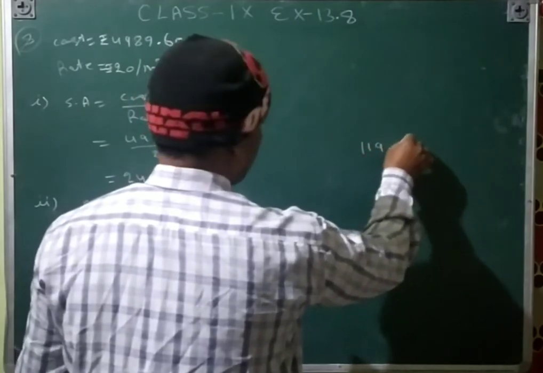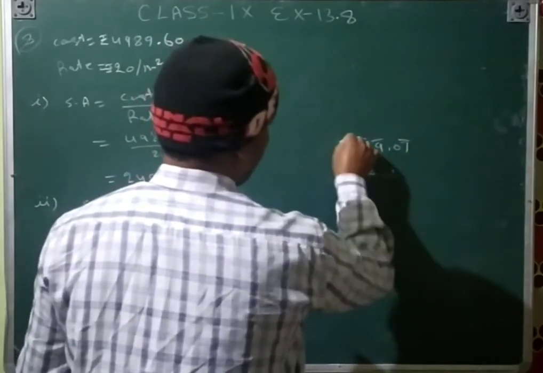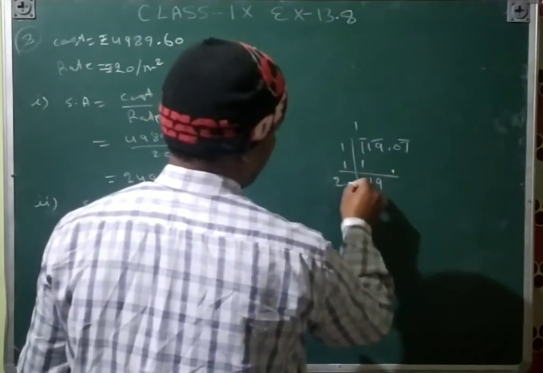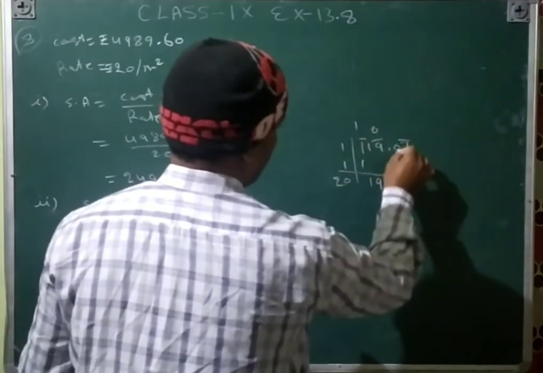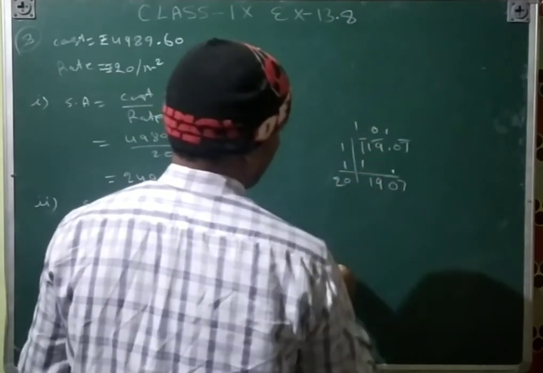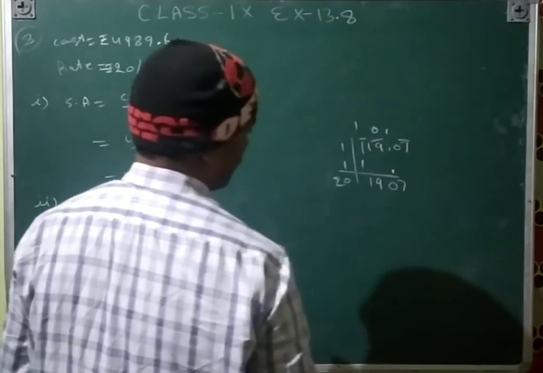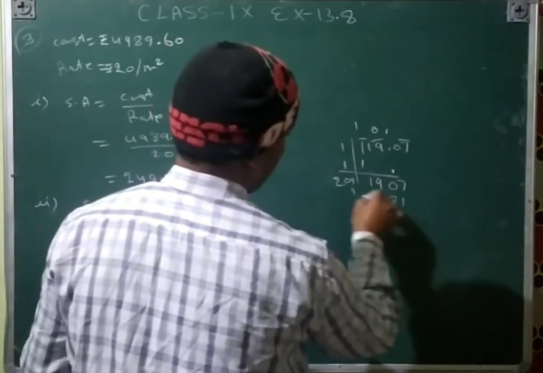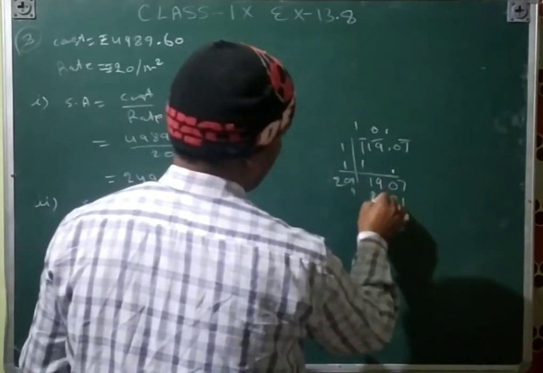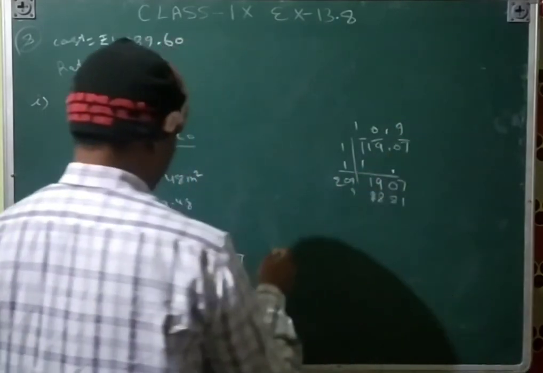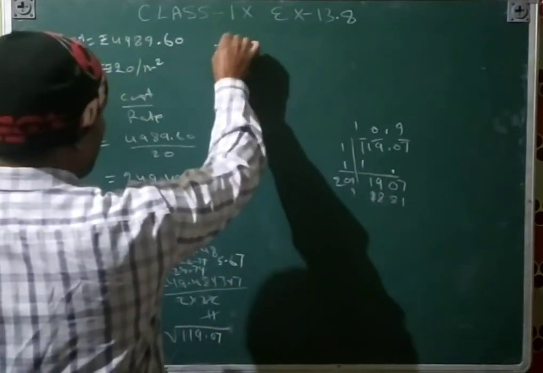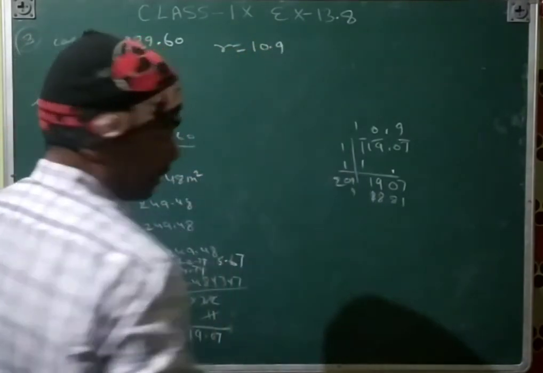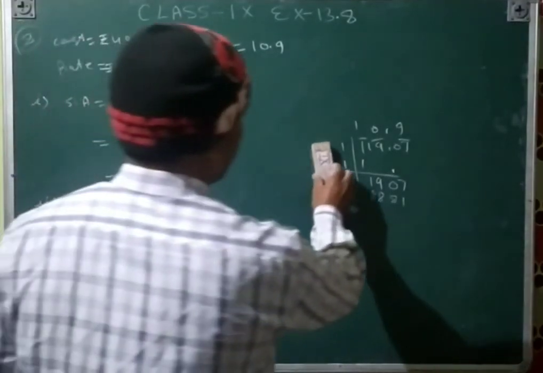We take pairs of digits and divide step by step, so 9 9s are 81, and that will be 10.9. So r is equal to 10.9, that will be the approximate value, it's not a perfect value.